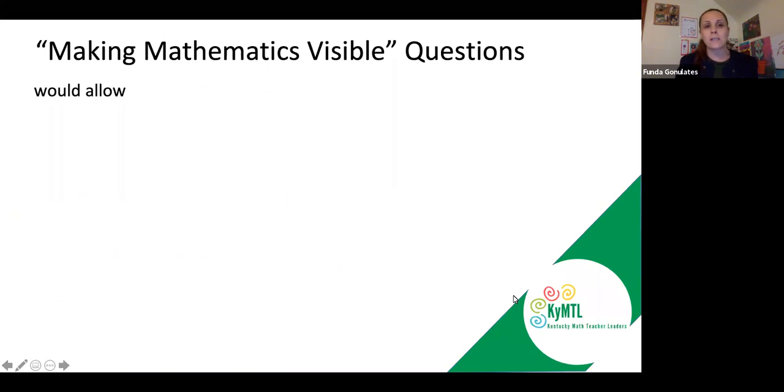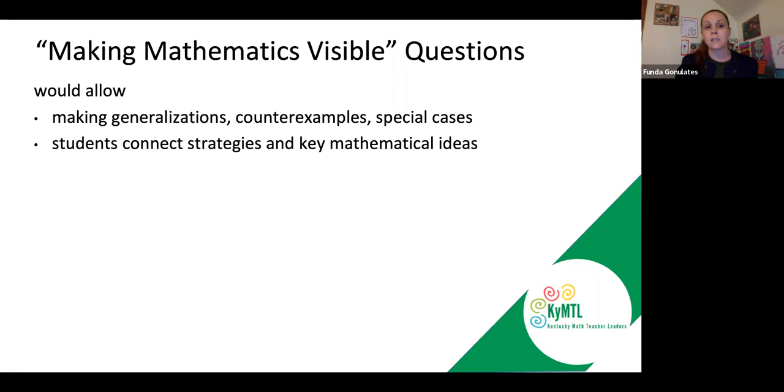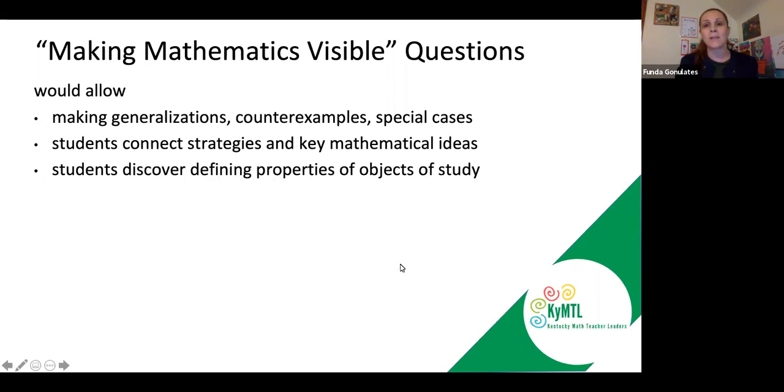These questions are important because they allow students to make generalizations, consider counterexamples or special cases of the ideas that they are exploring. These questions would also allow students to connect their strategies and the key mathematical ideas. And also, these questions would allow students to discover defining properties of objects of study.